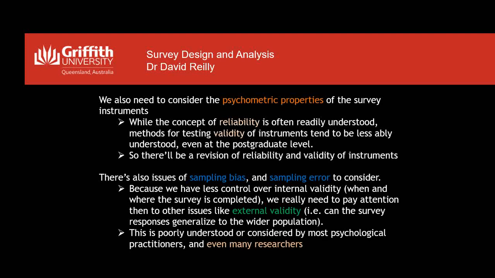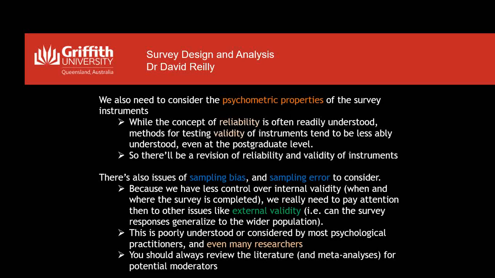So this is actually poorly understood and considered by most psychological practitioners and sadly even most researchers. Why is that an issue? Well, you're going to be reading their work and perhaps basing your interventions or your recommendations on potentially flawed research. That's why you need to pay attention to sampling bias and external validity when you're reading such studies.